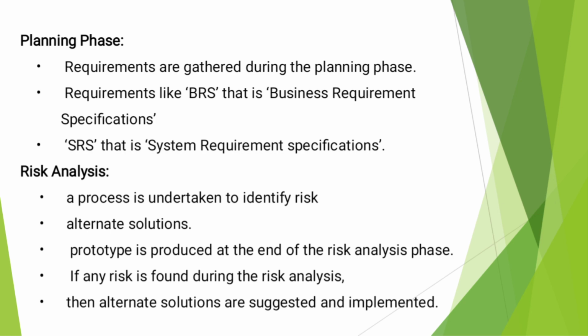Then the next one is risk analysis. A process is undertaken to identify risk. Then a prototype is produced at the end of the risk analysis phase. If any risk is found during the risk analysis, then alternate solutions are suggested and implemented.